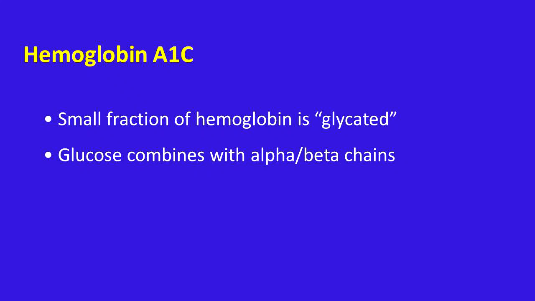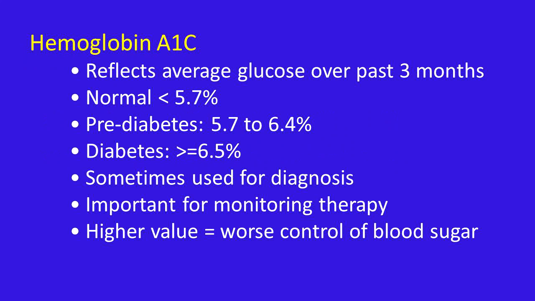This small fraction of the hemoglobin is called hemoglobin A1C. It's different from plasma glucose level because hemoglobin A1C is pretty stable. It does not fluctuate a lot like glucose. It reflects the average glucose level over the past 3 months.